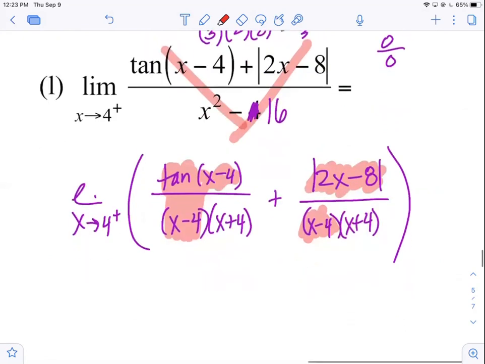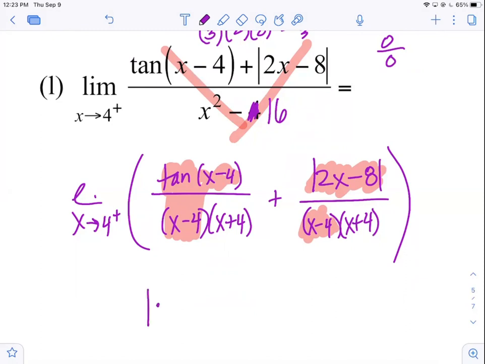So let's go ahead and use them now. What is the limit as x goes to 4 from the left, right, or general of tangent of x minus 4 over x minus 4? 1. Good, because this would be the horizontal shift to the right. What used to happen at 0 is now at 4. So it's 1 over 1. So that's 1.